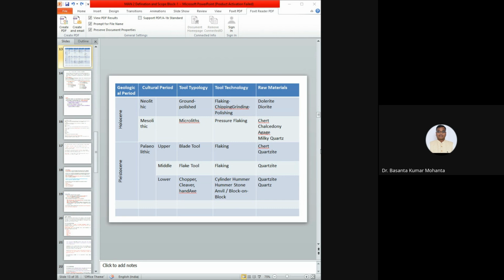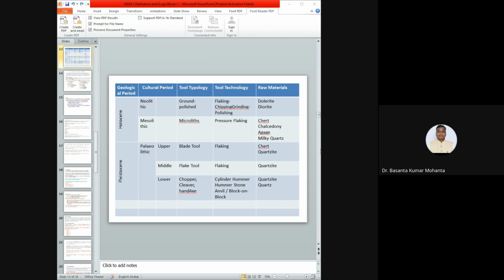No, the material remains of past culture, it may be stone tools, bone tools, or ceramic remains, were continuing. Of course, the percentage of use was comparatively lesser than earlier.